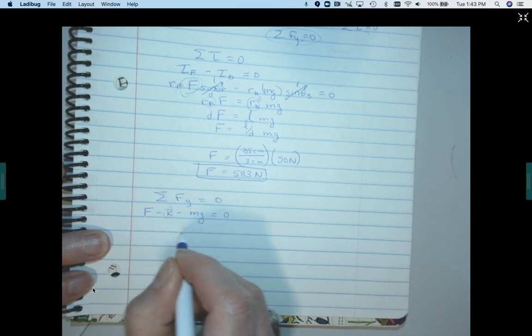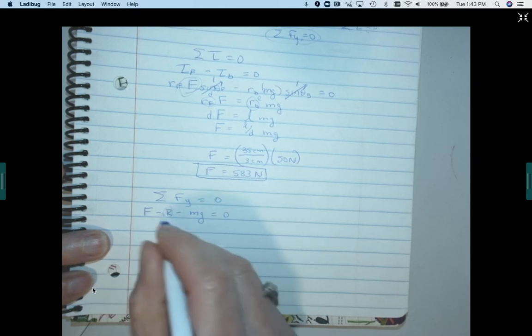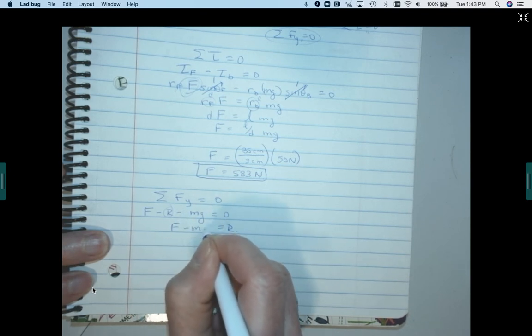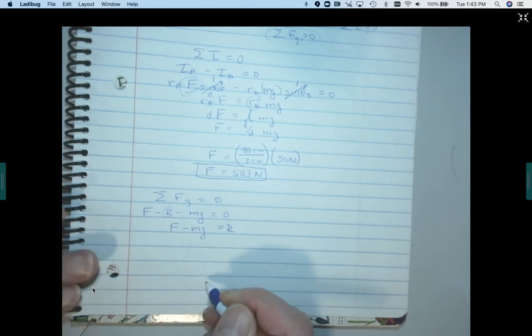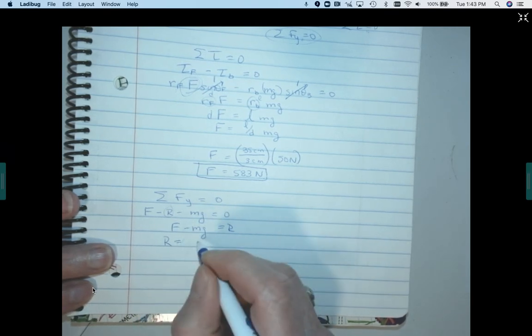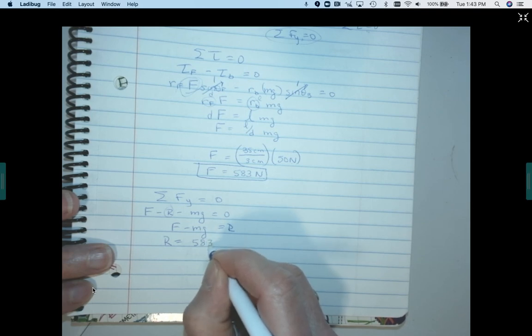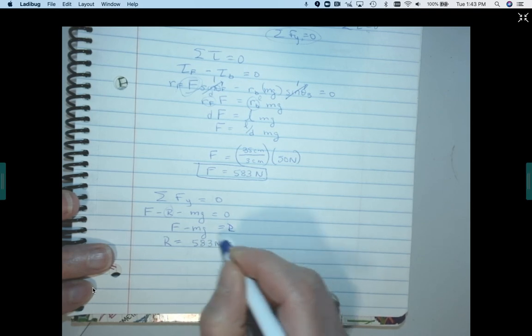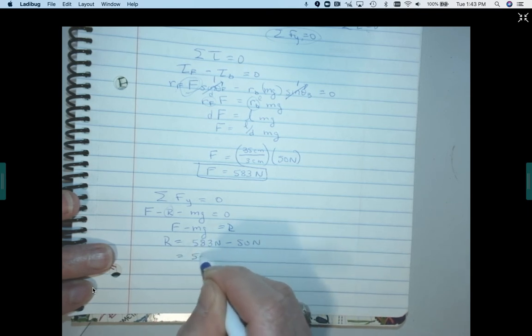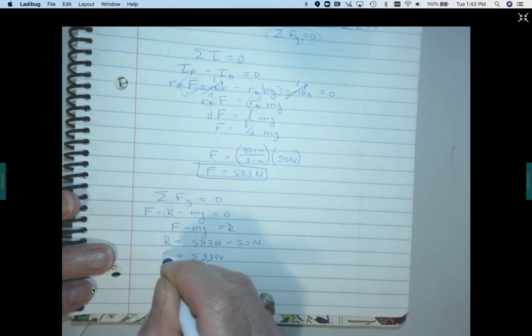Again, we want this by itself. So I'm going to bring that over to this side. It equals the force minus mg. And then I'll just swap sides because I like the thing I'm solving for on the left. So we have 583 newtons minus the weight of the ball, 50 newtons. And so we get the reactive force is 533 newtons.